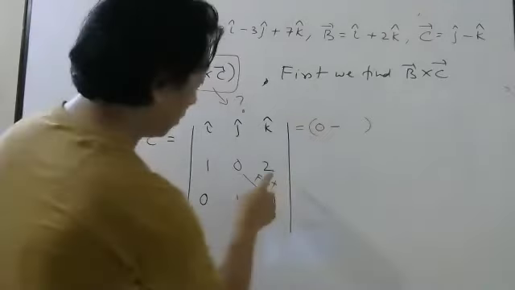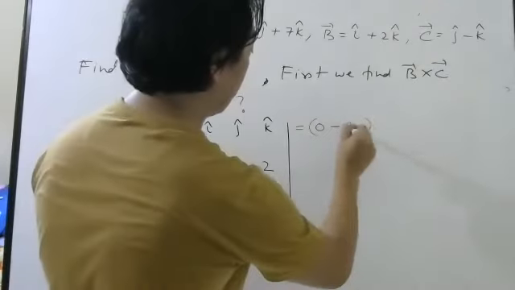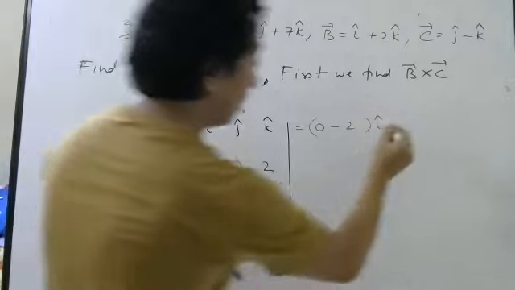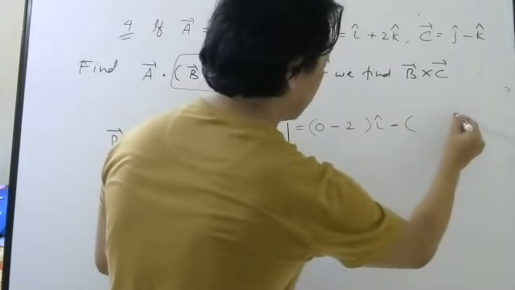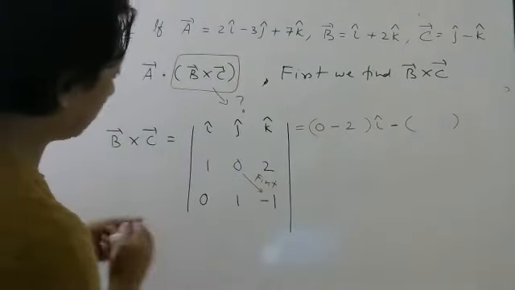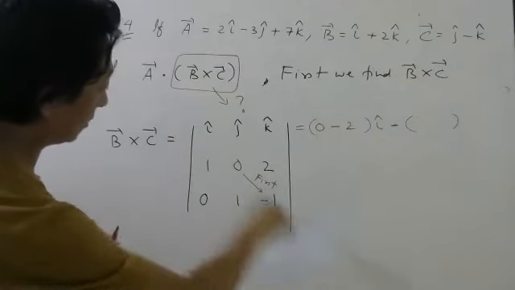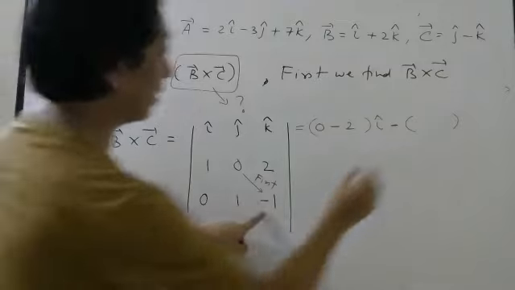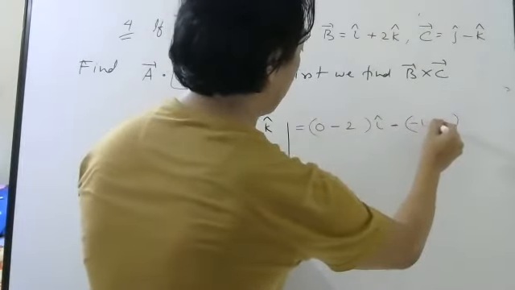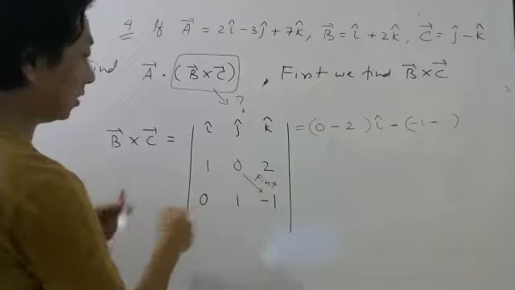So minus 2 into 1, 2 I cap. Then minus sign. For J cap, you have to forget this column. Multiply this way first. So it will be 1 into minus 1, minus 1, minus 2 into 0, 0.